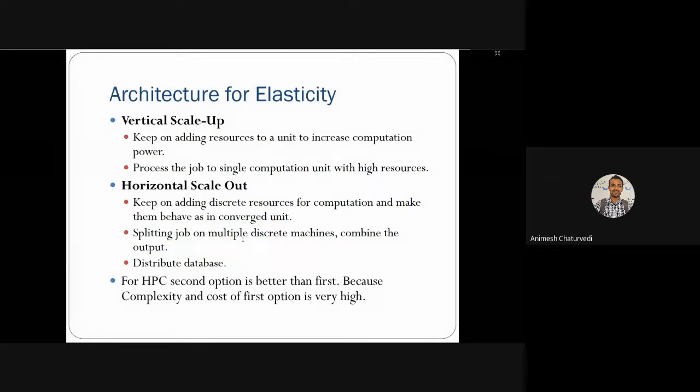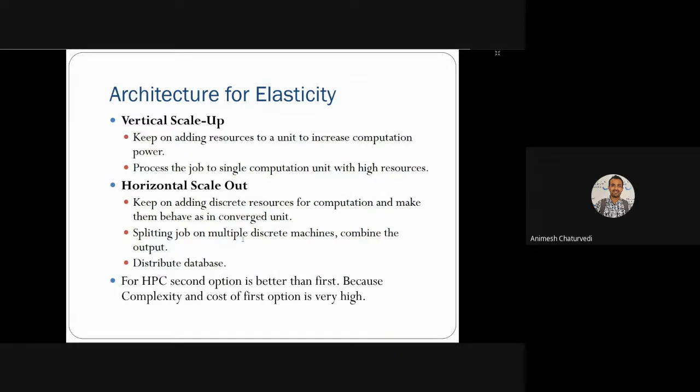Then horizontal scale out. In this, you keep on adding discrete resources for computation and you make them behave as a converged unit. How do you make them behave so? With some middleware, with some software installed. Multiple machines have the same middleware and the same software, and they start collaborating and uniting together.